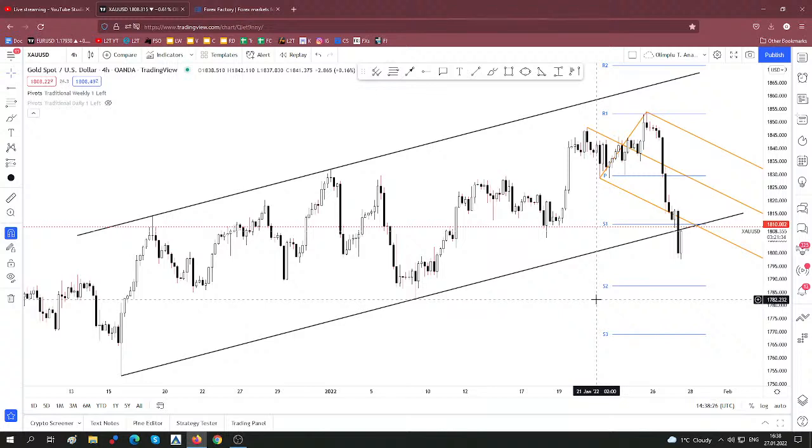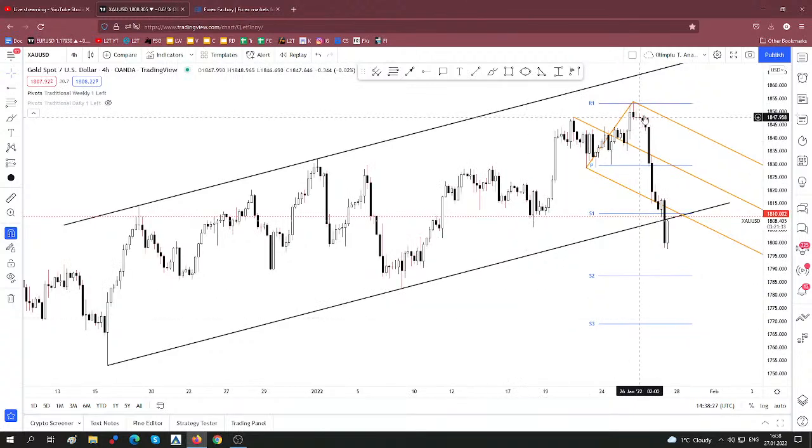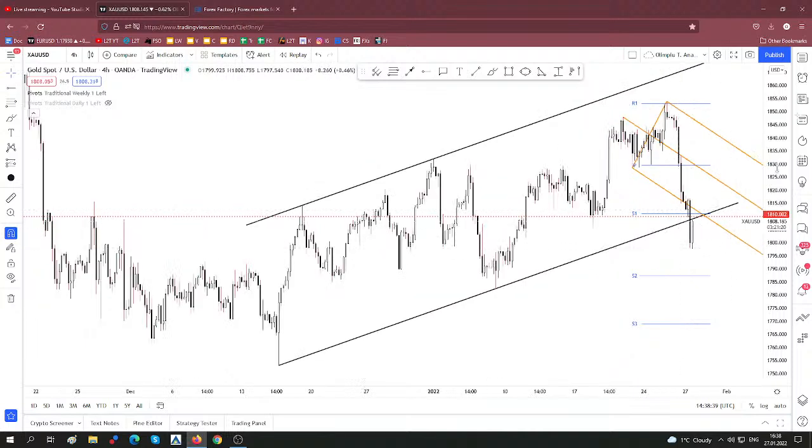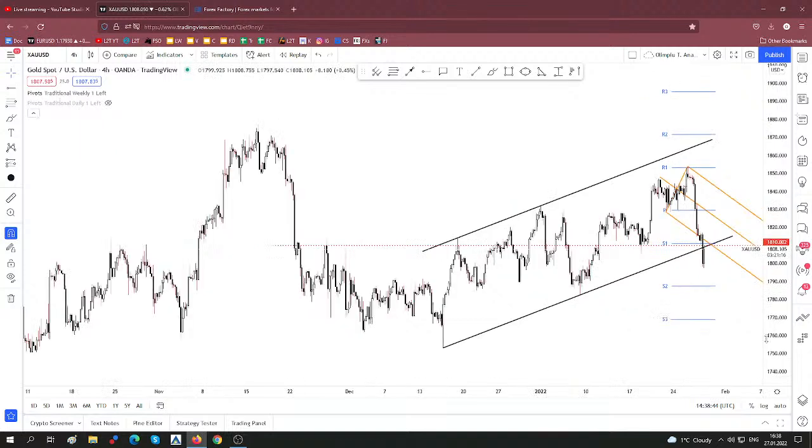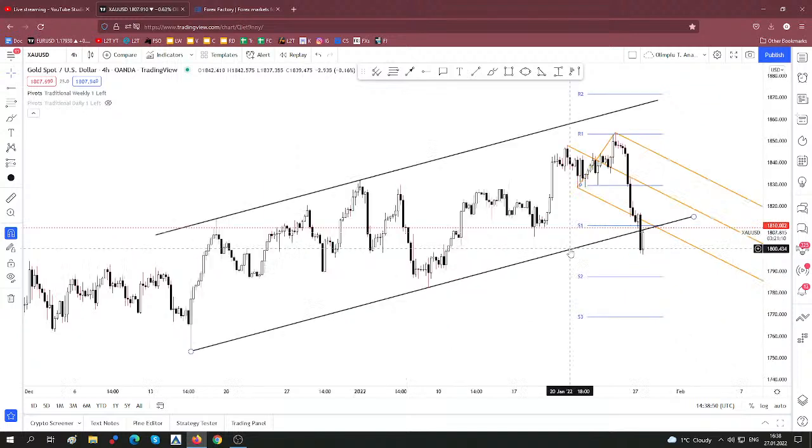Okay, so strong downside movement only because the dollar index rallied, so the US dollar's appreciation forced the price of gold, the yellow metal, to drop. Right now I have a simple technical analysis here on the 4-hour chart, an up channel, and the price dropped below the uptrend line.